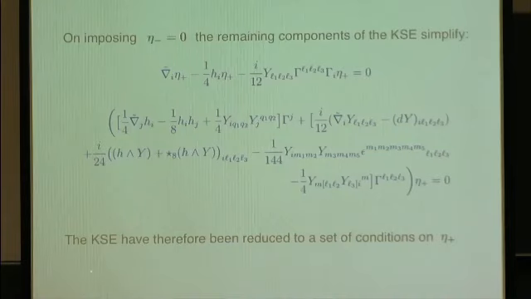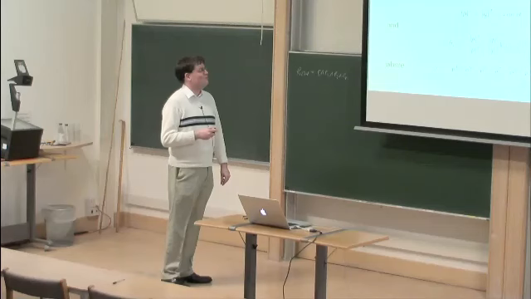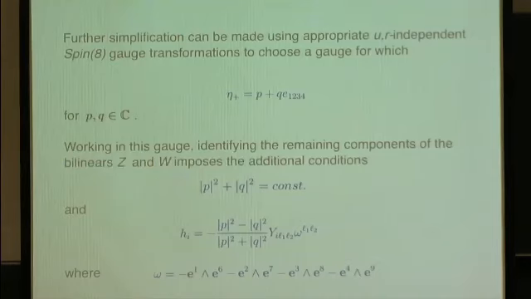And so this has now pulled out all of the conditions from the Killing spinor equation in terms of this spinor eta plus. We're going to do even better though. To see how this works, we're going to make certain gauge transformations which don't depend on U and R to simplify eta plus. And you can actually rotate eta plus into a form which is P times 1, I've missed out the 1 there, plus Q times E1234.